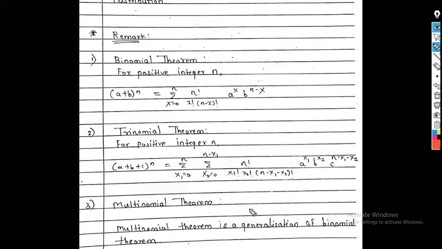Similarly, we can define the multinomial theorem. So clearly, the multinomial theorem is a generalization of the binomial theorem. The binomial theorem is defined for 2 values, the trinomial theorem is defined for 3 values, so the multinomial theorem is defined for k values.